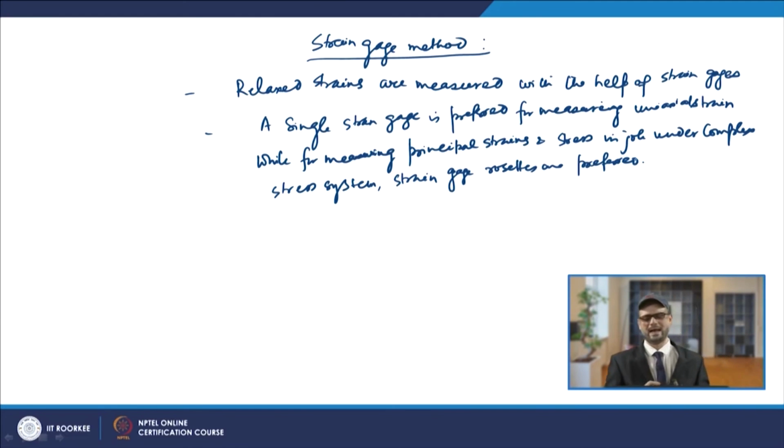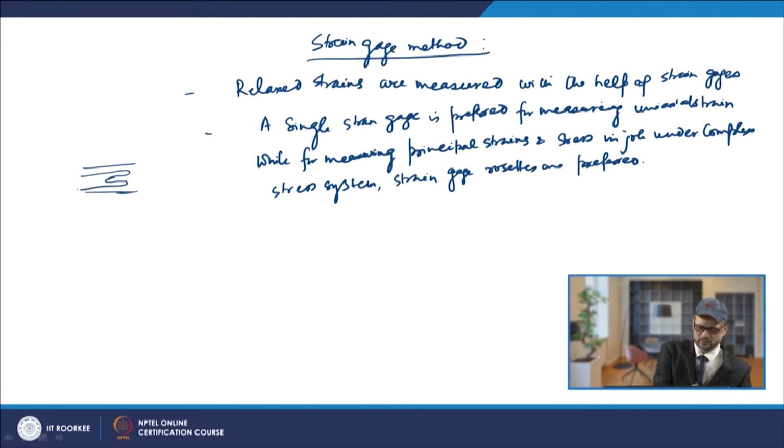So when you have the single one, you will use one strain gauge, which is there for single uniaxial strain. Whereas if you have to calculate the complex stress state, then along any axis in this domain you will have a different stress.